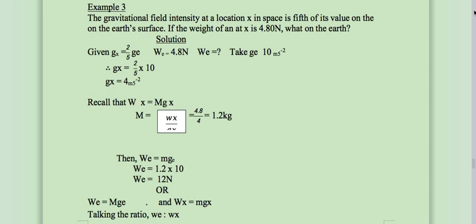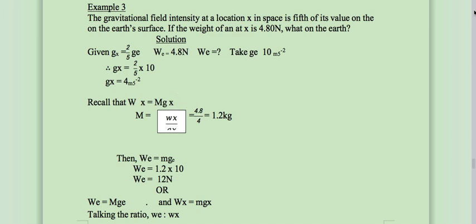But recall that the weight at the location X is equal to mg, that is mass times acceleration at the location X. What is weight? Mathematically it is mg. M the mass, g the acceleration due to gravity or gravitational field intensity.